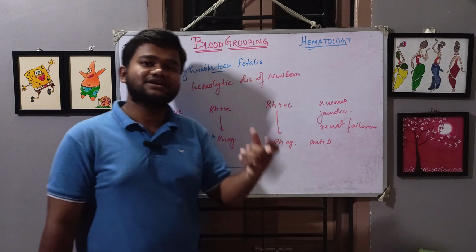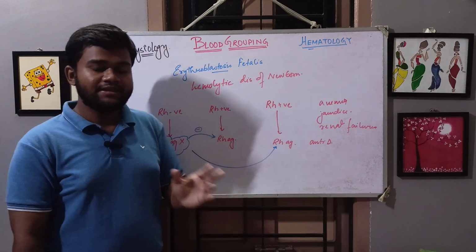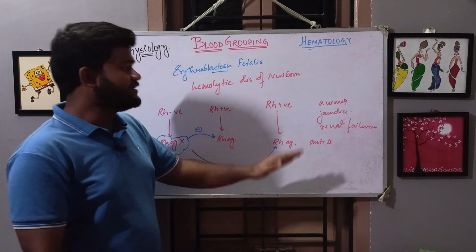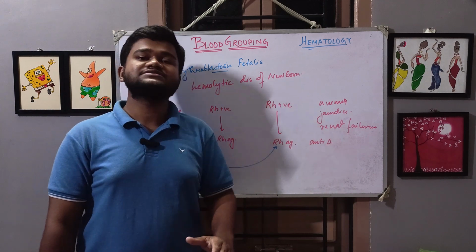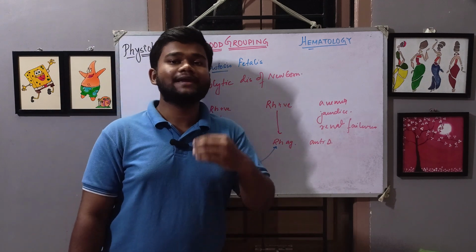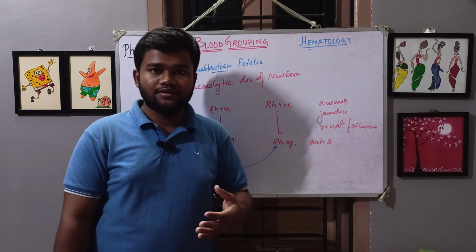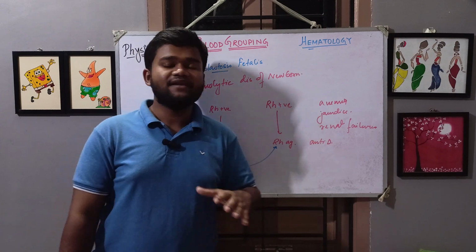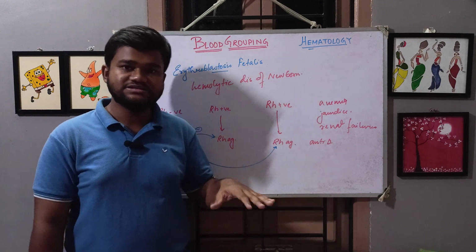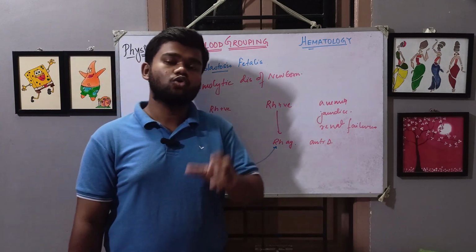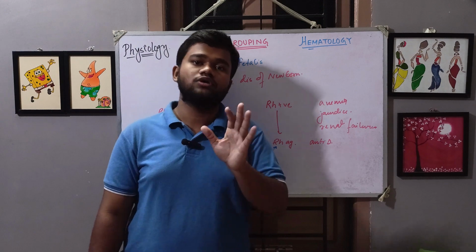Why is it being termed as erythroblastosis? The reason is, as this blood is getting contaminated, there is formation of more and more immature RBCs. As a result, in the peripheral blood, more immature RBCs will be found. Thus, this is known as erythroblastosis and not erythrocytosis.